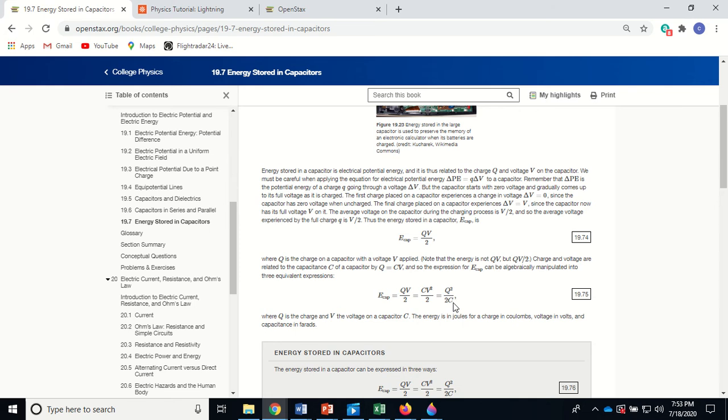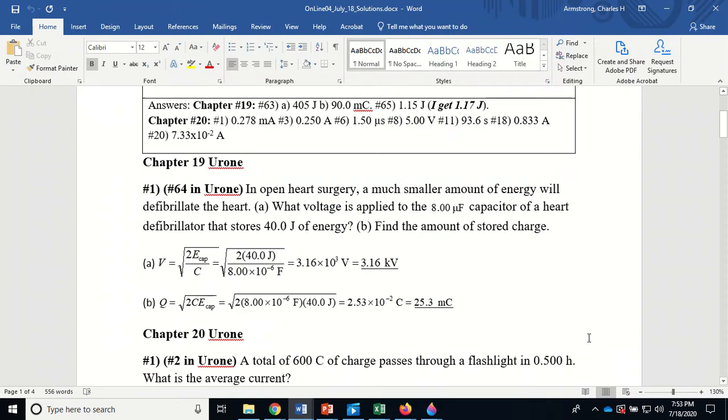So you solve for charge, and you should get this equation right here, with a square root, because charge is squared in that equation. You just plug it in, and you get 25.3 millicoulombs. Okay, so that takes us out of chapter 19.